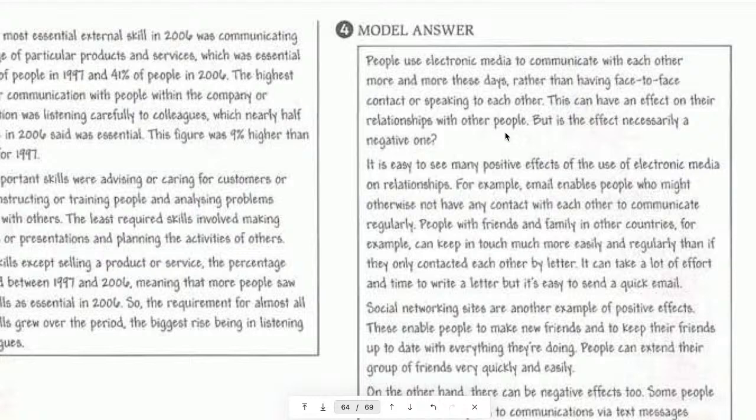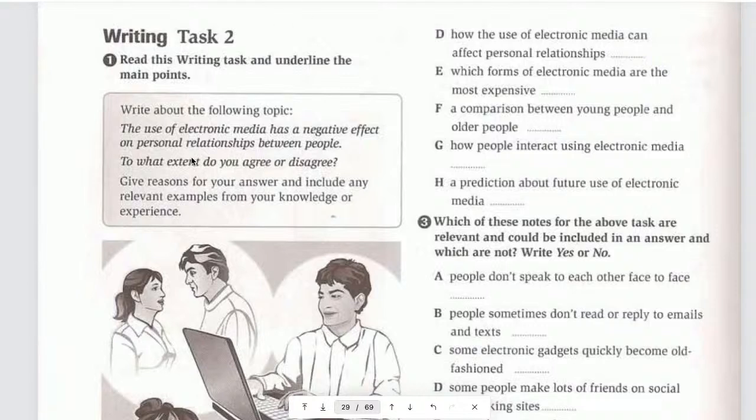Okay, now let's read one by one and try to analyze this. In the first sentence, they say people use electronic media to communicate with each other more and more these days, rather than having face-to-face contact or speaking to each other. So why do they need to write this?